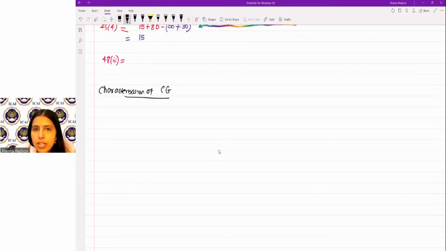Whether this capital gain is a long-term capital gain or a short-term capital gain. In period of holding, how would you decide whether the capital gain is a short-term capital gain or a long-term capital gain?